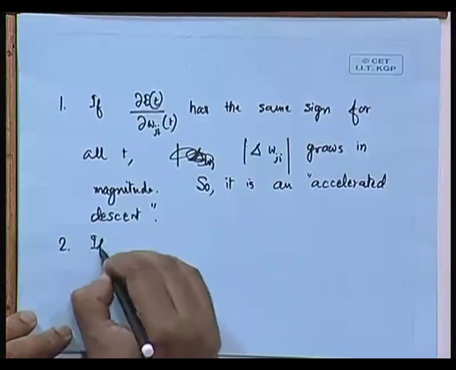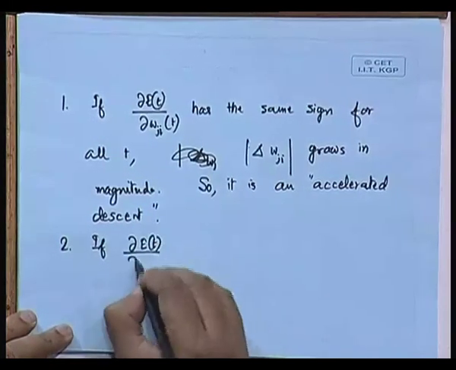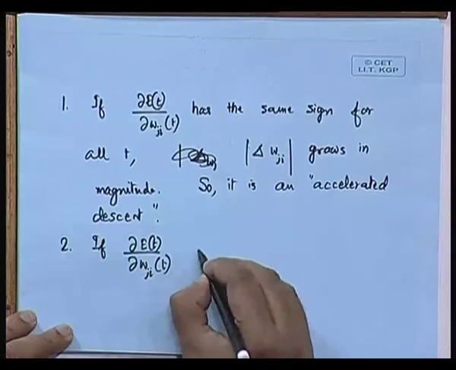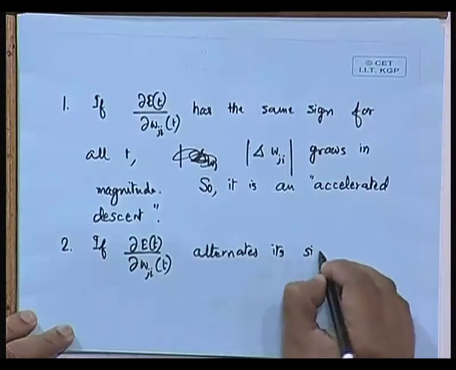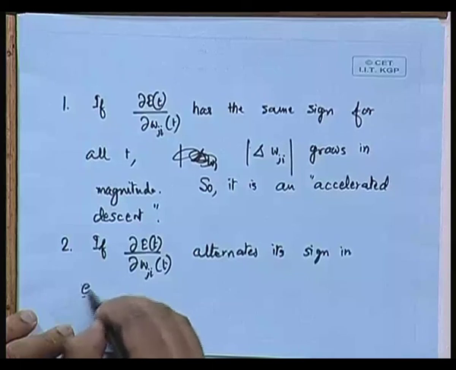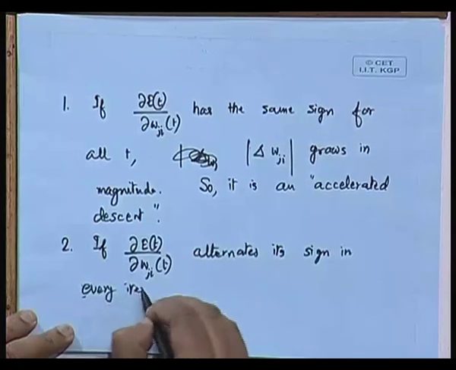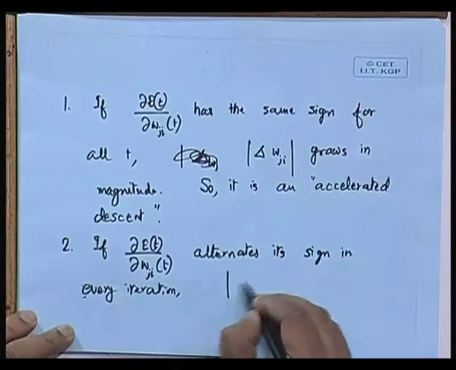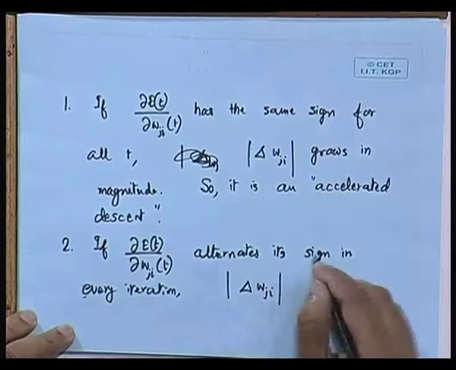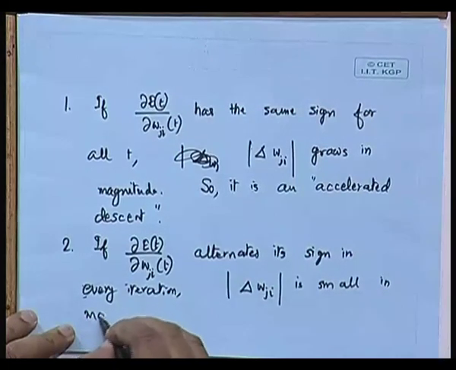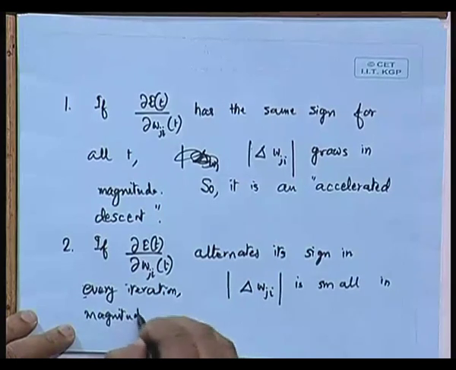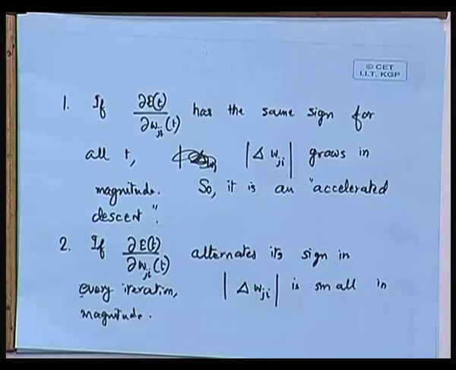One extreme is an accelerated descent, and the other extreme is that if ∂E/∂Wji alternates its sign in every iteration, then the mod of delta Wji is small in magnitude, and this certainly has a more stabilizing effect.